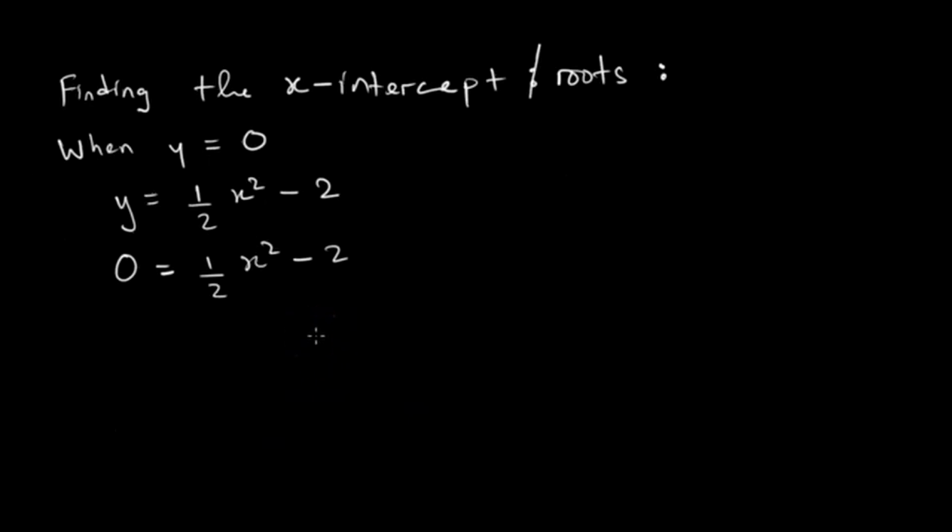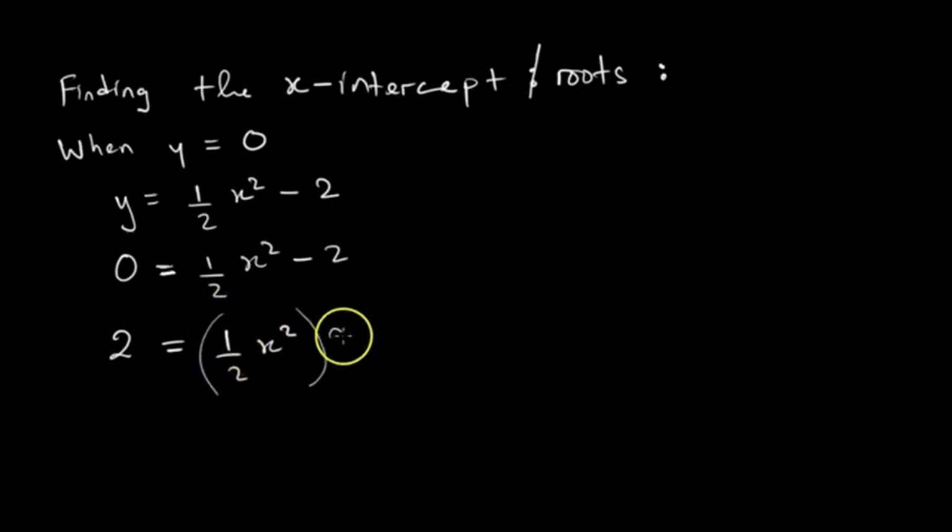The wise thing to do here is, we firstly transfer the negative 2 to the left-hand side, and by transferring it, after it crosses over the equal sign, it changes its arithmetic sign. So from minus 2 it becomes 2. So 2 is equal to half of x squared. We now want to remove this half.